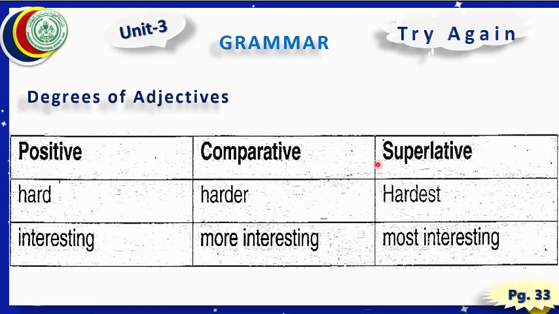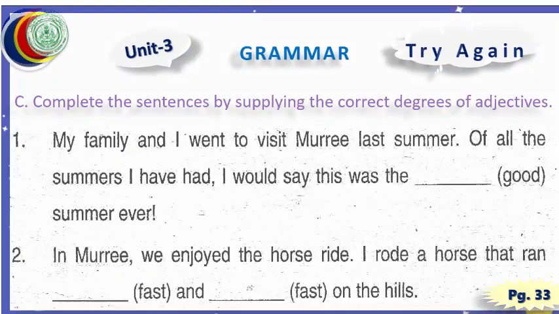In comparative degree, we compare one with another. But here we compare one with many. In superlative case, we compare one noun with several other nouns. I think you have got the understanding of these degrees.